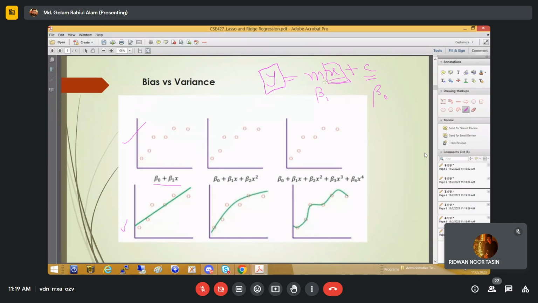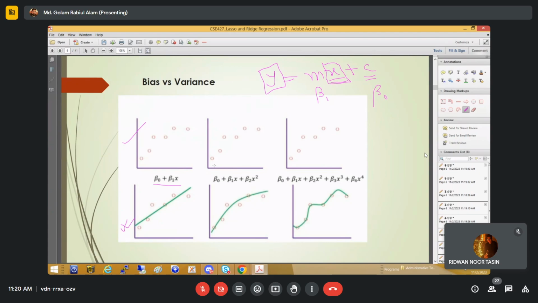That means x is our feature and y is the target variable. If we fit the curve, we will get this. We can fit this curve using different methods, like the least square method, or the gradient descent method, which we have discussed in another lecture.